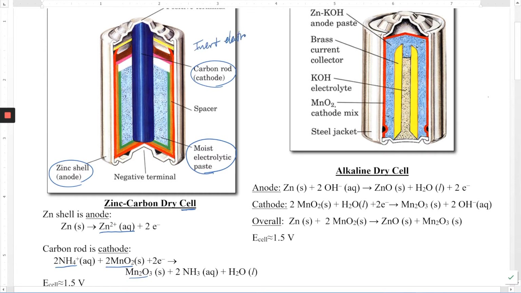The carbon is actually a graphite electrode, and the anode and the cathode are separated by this spacer, which keeps the two apart. Oh, that should be cat.